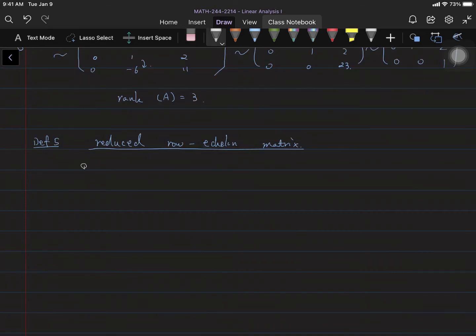Two conditions. Firstly, it has to be a row echelon. Reduced means other than row echelon.